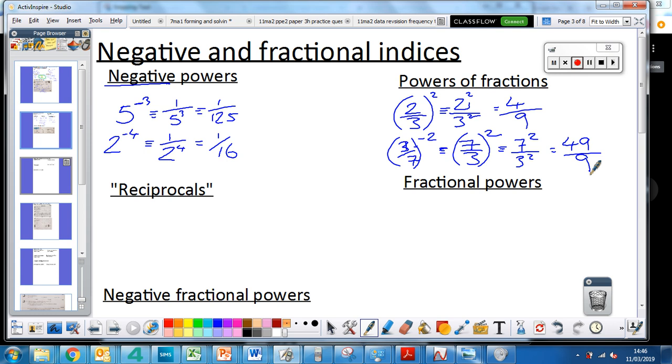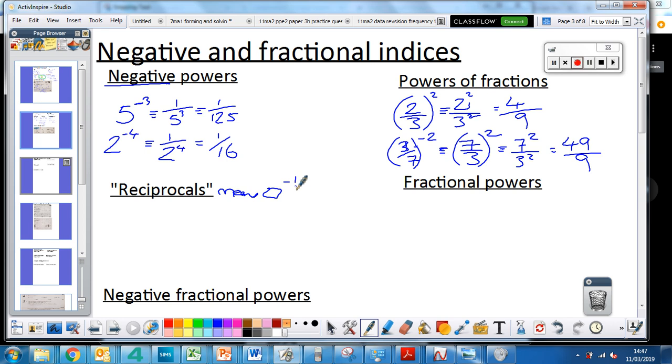So we've seen what happens when we have negative powers. We've seen what happens when we're working with fractions. We've seen what happens if you have a negative power of a fraction. The other thing that comes up a lot is you'll be asked to find the reciprocal. Now reciprocal means something to the power minus 1.